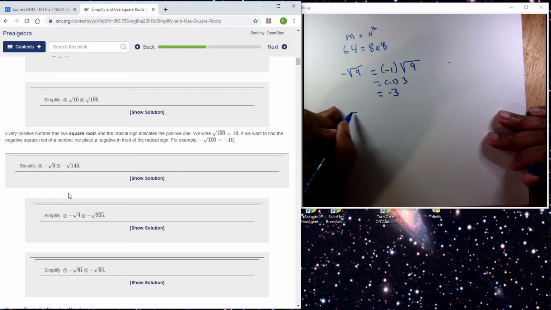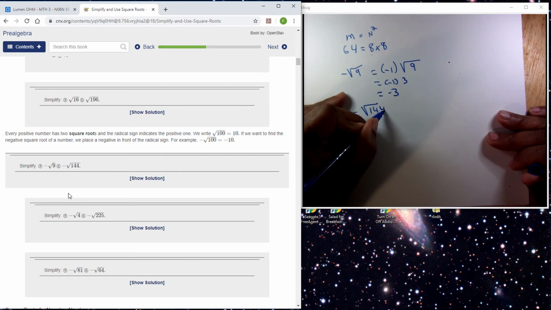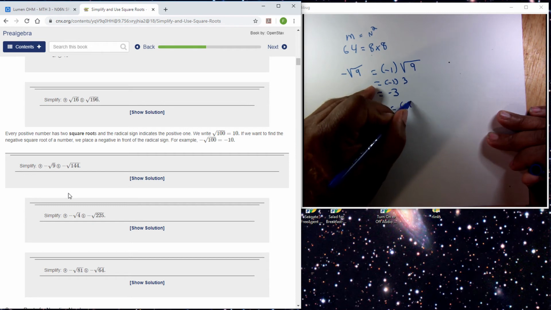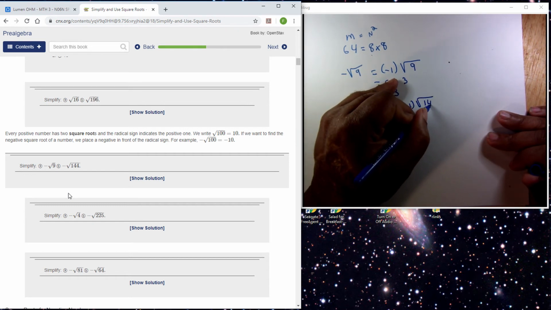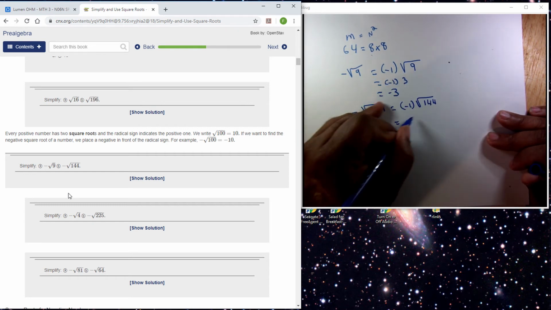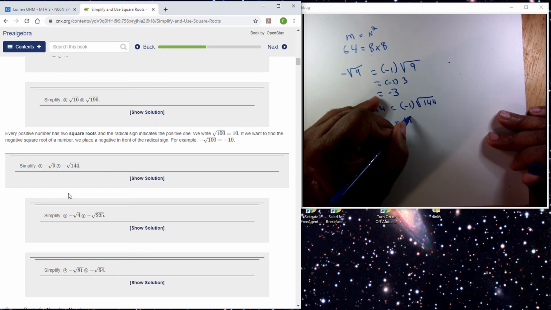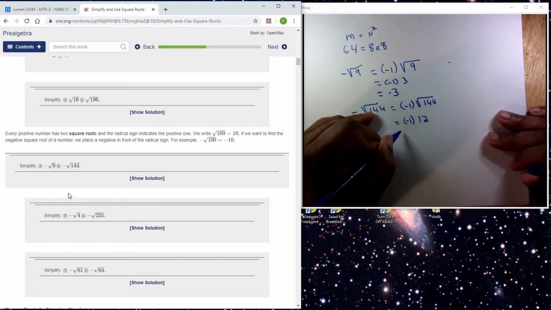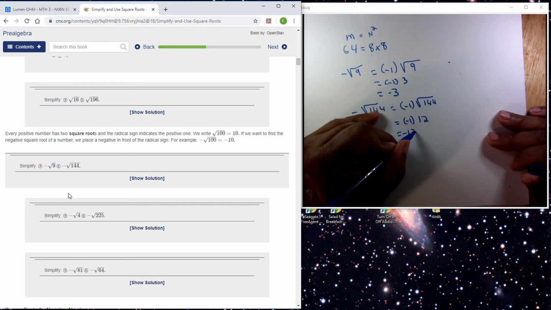For the other one, what I really have is negative 1 times the square root of 144. The square root of 144 is 12, so my answer is going to be negative 12.